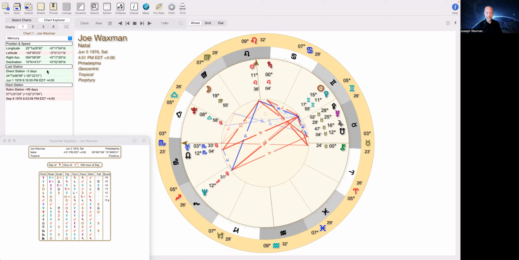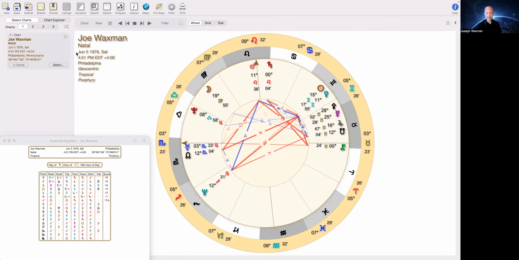But a very stationary, very slow Mercury in Taurus, so excellent with arts and artistic things like that. So when planets are stationary, they're powerful. Right? Okay. For instance, Michelangelo had a stationary Venus. The more stationary, the more powerful.